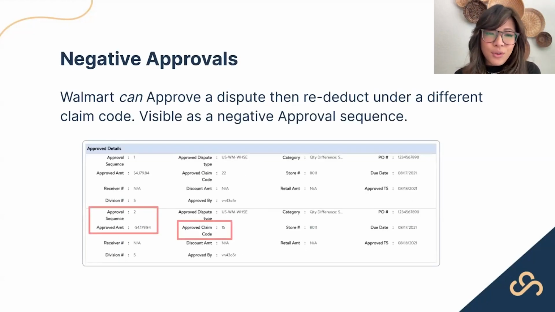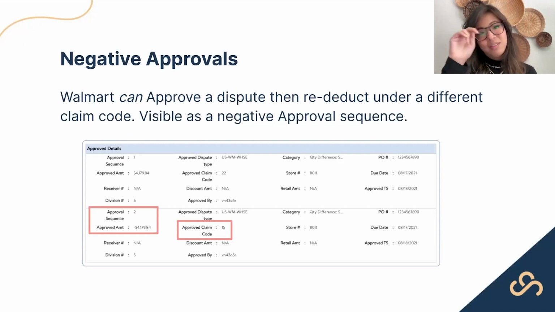One thing I want to call out, because this is probably a foreign concept to those of you that were on the settlement process before: Walmart is a little notorious for doing what they call a negative approval.